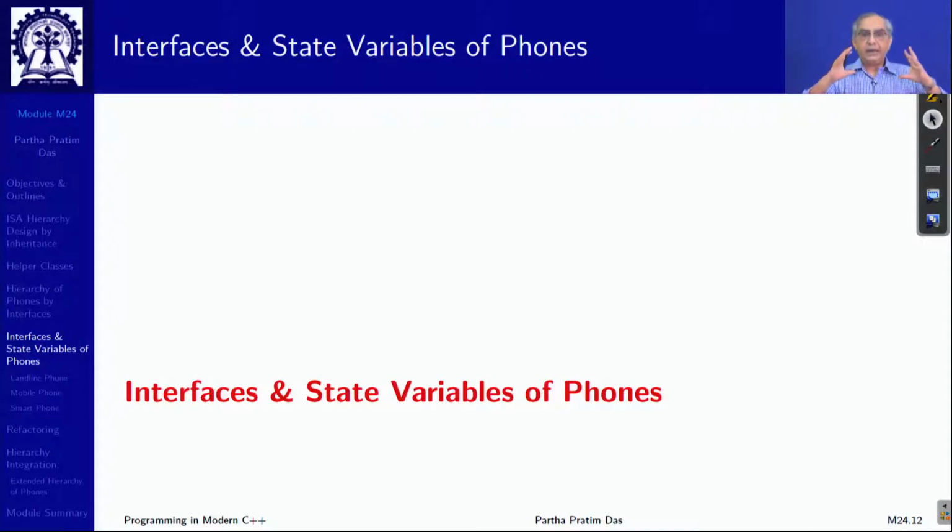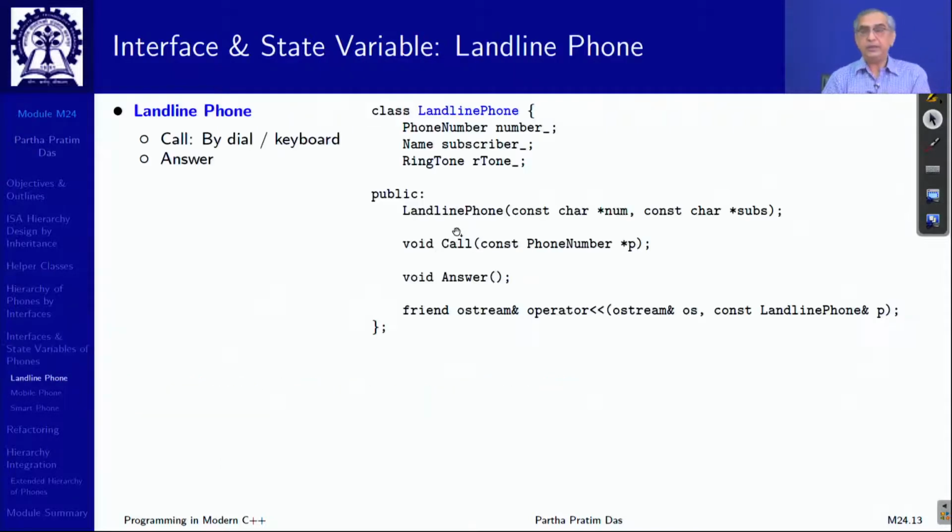So, this was mostly conceptual, these interfaces. Now let us slowly start putting it in terms of our C++ paradigm, the actual class paradigm, to define the interfaces and the state variables in every case. I take every concept and, based on the interface I have already identified in the hierarchy, I try to write a class corresponding to that.